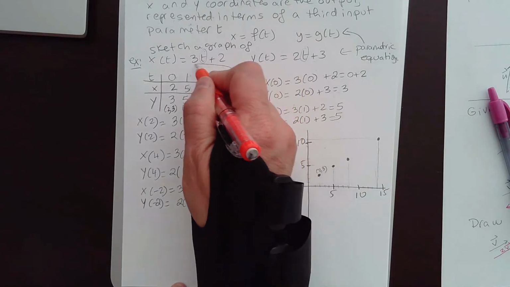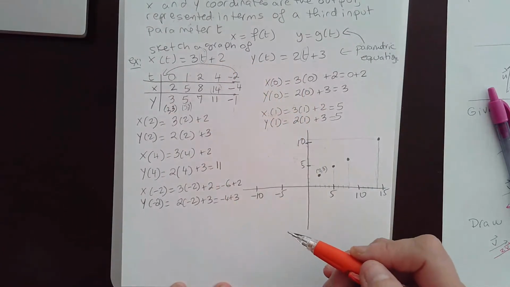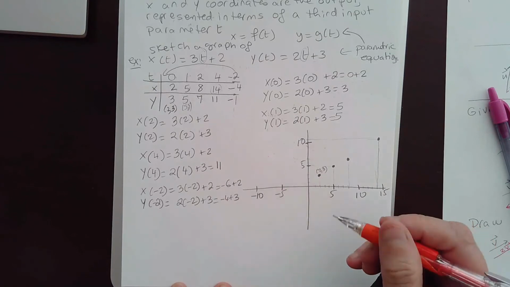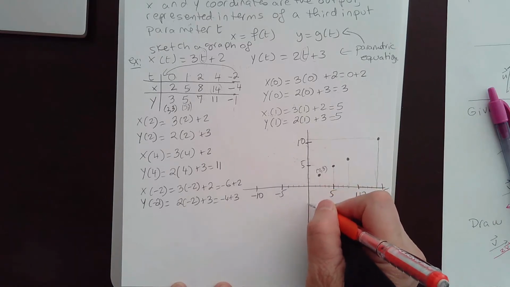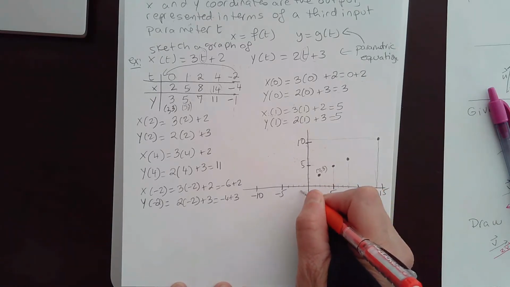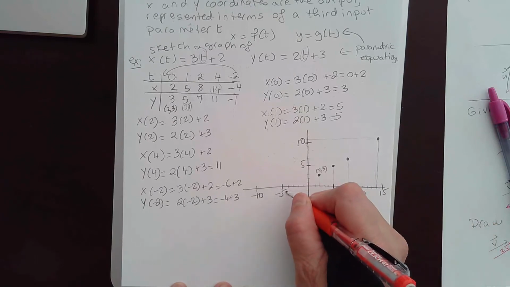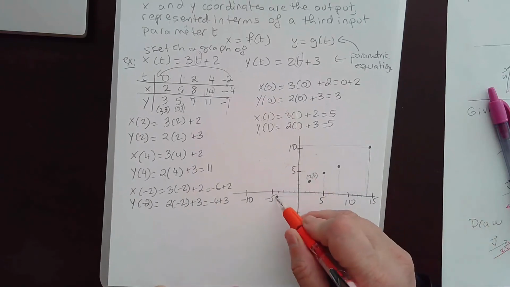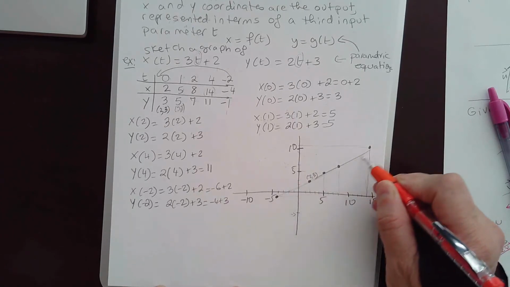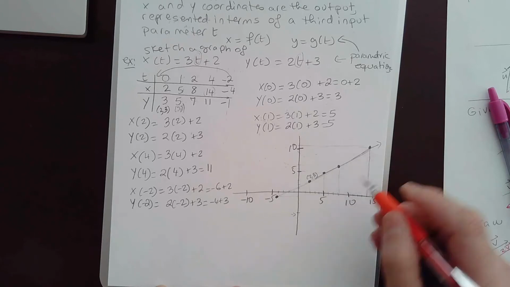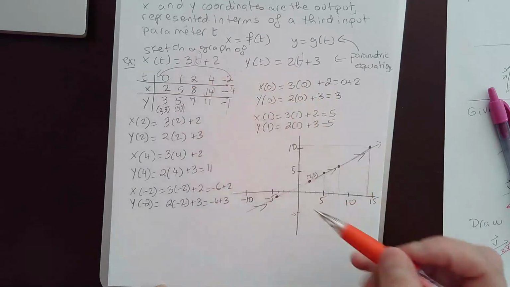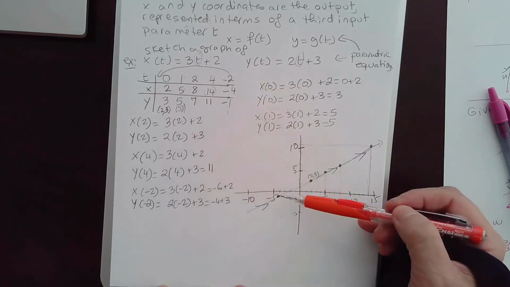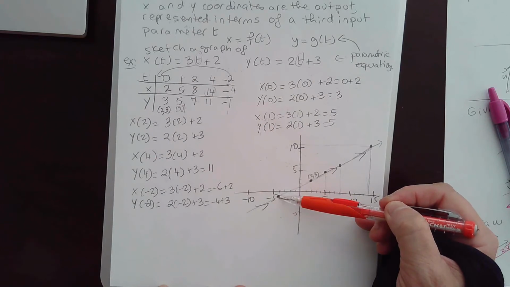Then we went to the negative. That should have been first in here. Next time we'll do this first. -4, -1. So here's -4. And here's -1. And then you connect the dots here. The arrow should be in that direction. You start with the -1s first. -1 gives me -4, -1, right? When t is 0, you have 2, 3.